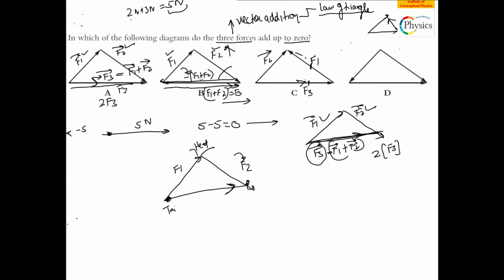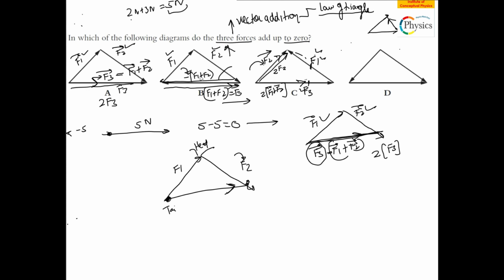So the resultant of F1 and F3 is F2, and then on top of that there is a third force, which is also the same force, shown in the diagram. So the resultant I have calculated using my knowledge of vectors, and then the third one is also in line with the resultant of F1 and F3. So this actually becomes 2 times F2, or 2 times F1 plus F3. Cannot be 0, because the third force is in the same direction as the direction of F1 plus F3.